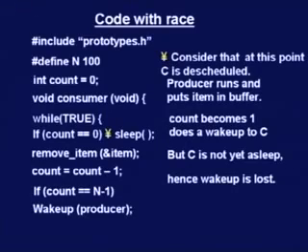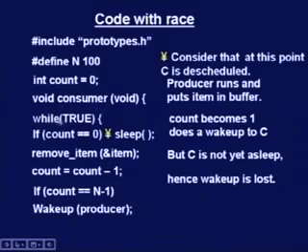In the code, we have include prototypes, the normal including primitives or commands. Then we define a buffer of size 100, N equal to 100. We have an integer variable count which has an initial value 0, and the consumer process starts here.